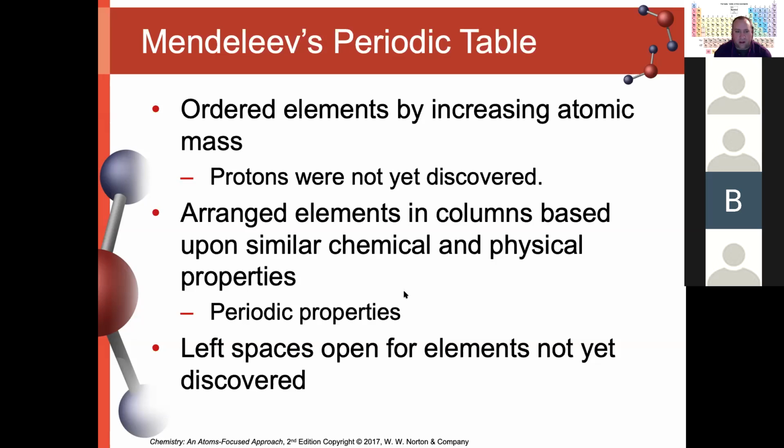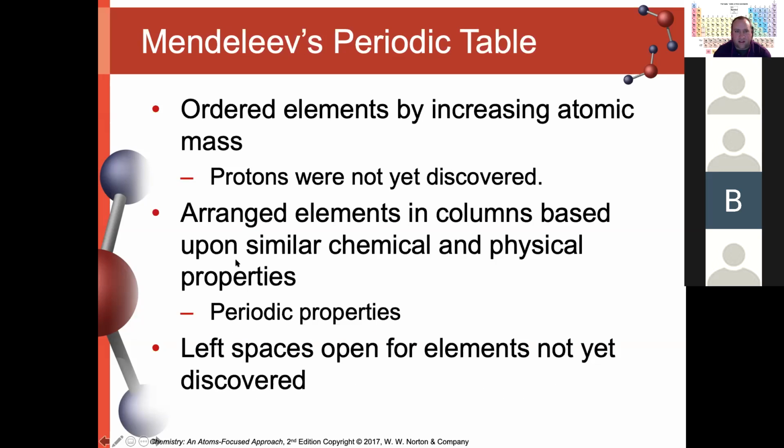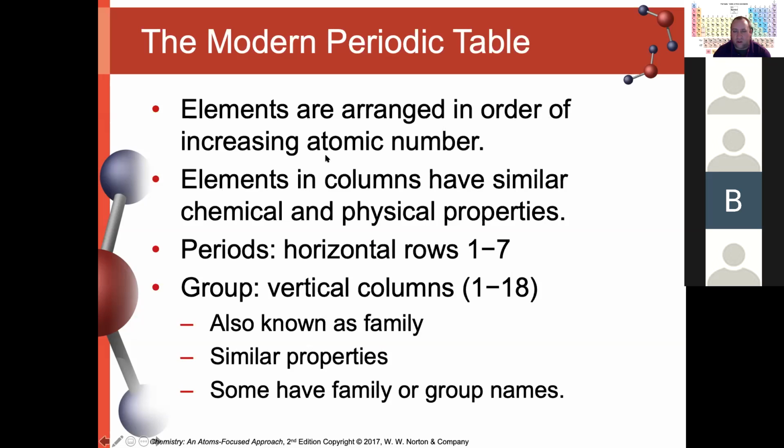Now, the periodic table ended up changing over time, where instead of going by increasing atomic masses, because of the lack of knowledge of protons, we end up seeing them ordered by increasing atomic number, where we have arrangements of periods, the horizontal rows of the periodic table, and groups or families, the vertical columns of the periodic table.